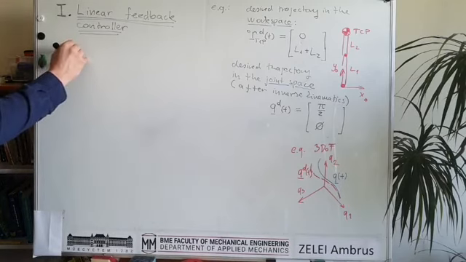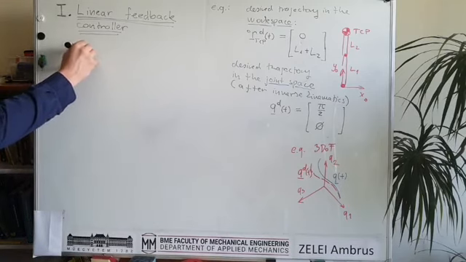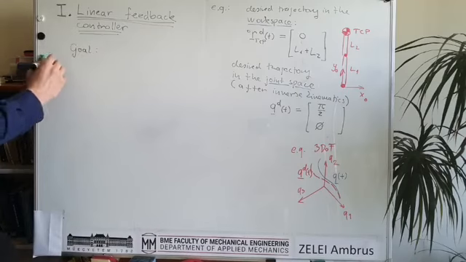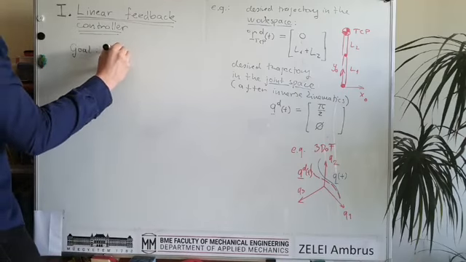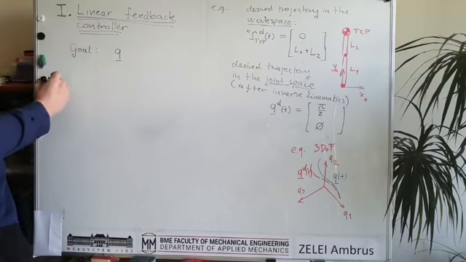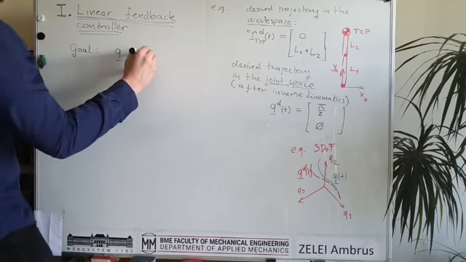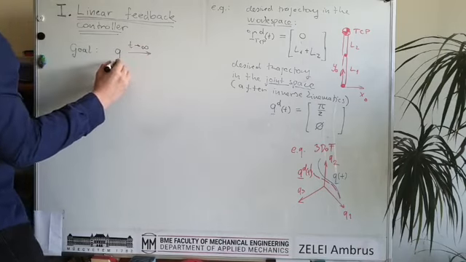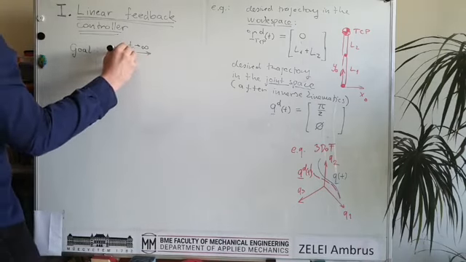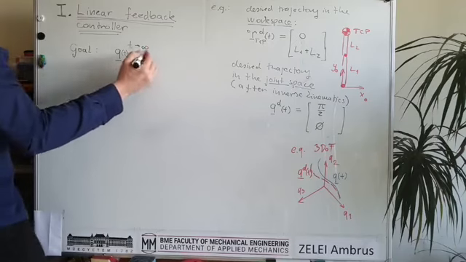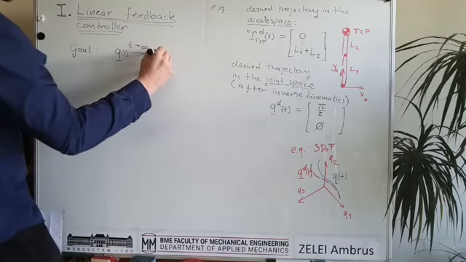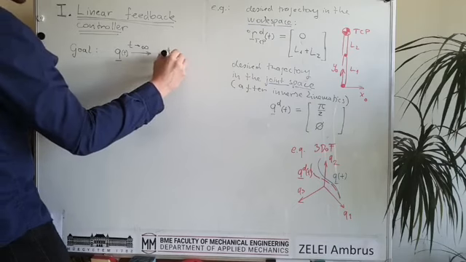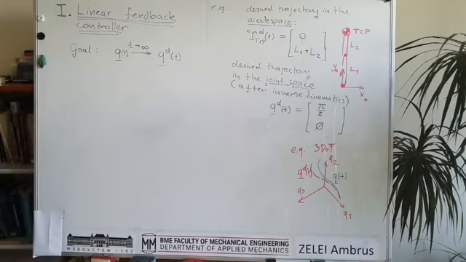So again, after having the inverse kinematics, we can say that the goal is to converge the real joint trajectory to the desired one. So we have to formulate some kind of control goal with which the real joint positions converge to the desired one.